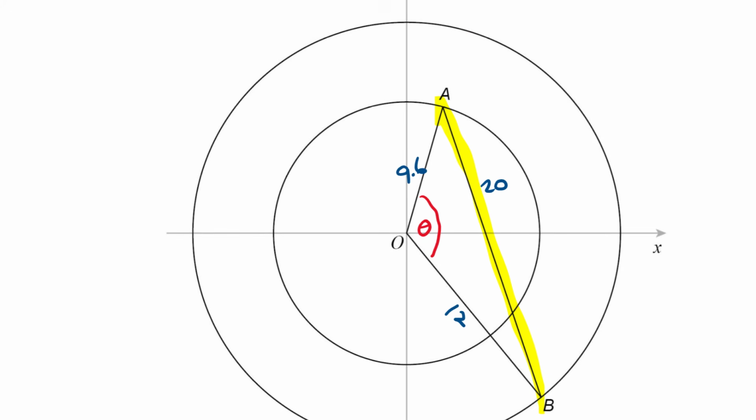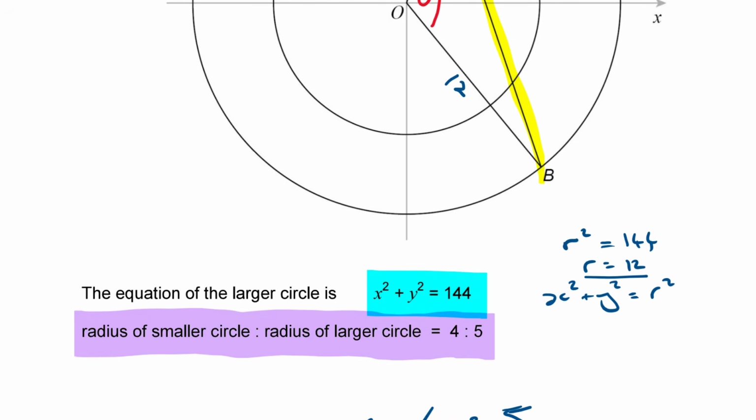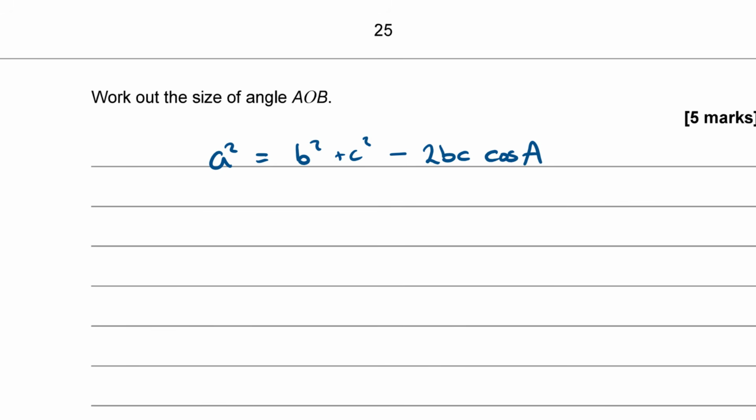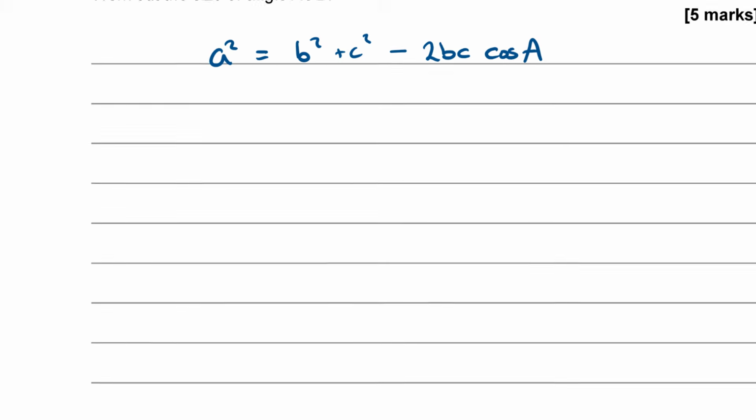So in the cosine rule, let's just write down the cosine rule and then see where we are. So the cosine rule says a squared equals b squared plus c squared. It starts off a little bit like the Pythagoras theorem, minus 2bc cos a. That's the general form of it, isn't it? Okay, so if you know the 3 sides and you want the angle, you need to make cos a the subject of this. So I'm going to rearrange it.